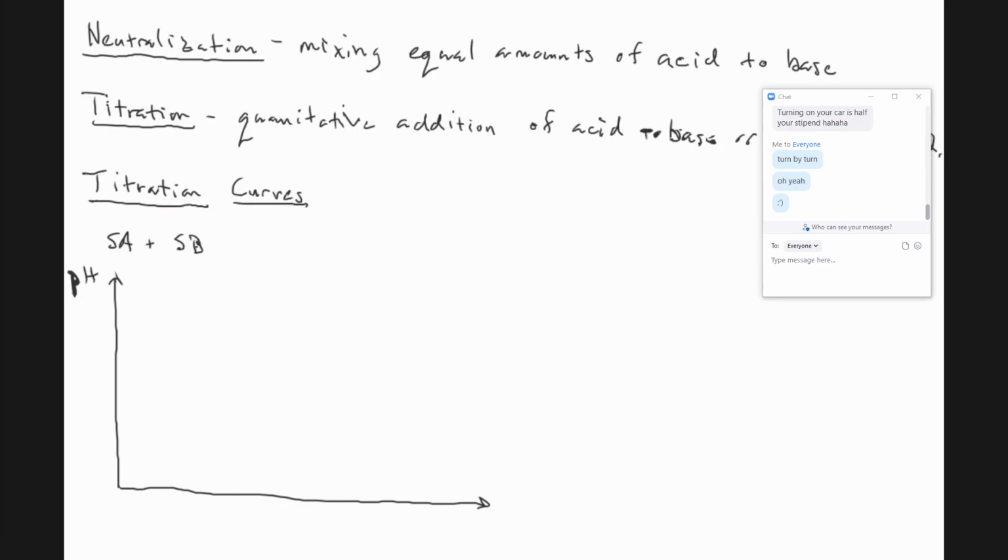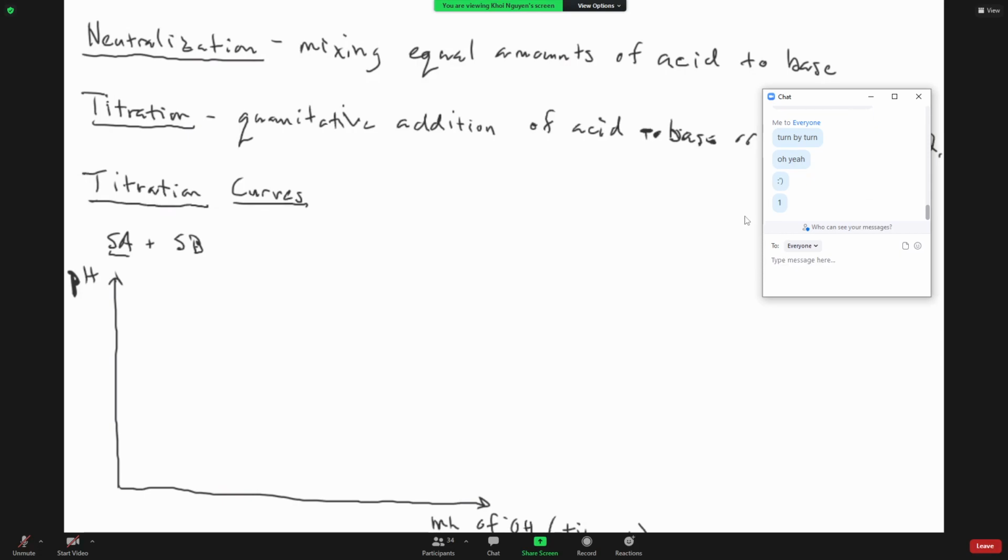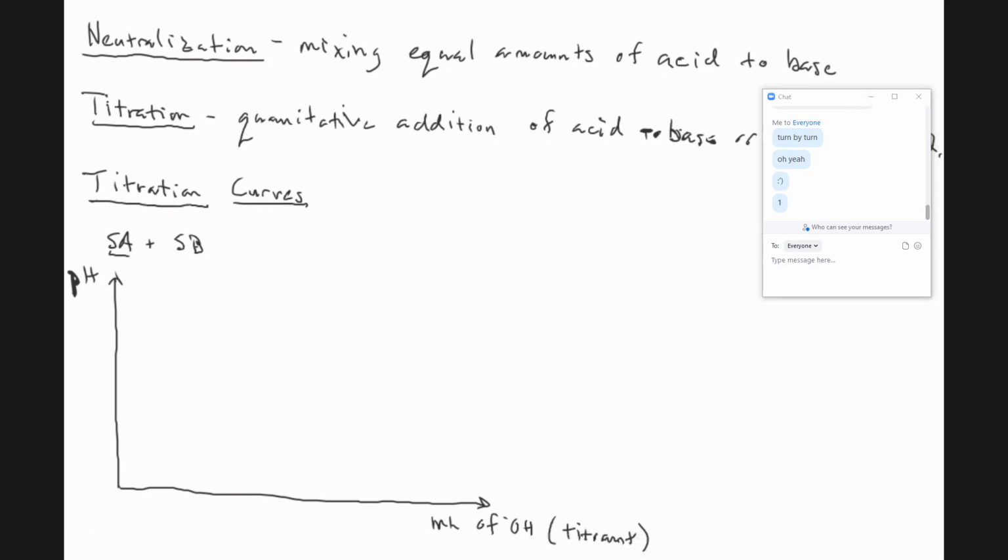And the x-axis is milliliters of, let's say, hydroxide added to solution, commonly called the titrant. So the thing in the burette that you're dropping down, right? And the acid is what we start with in the solution. So if we have a strong acid, what's the pH for a strong acid? Yeah, something really low, right? So let's start really low.